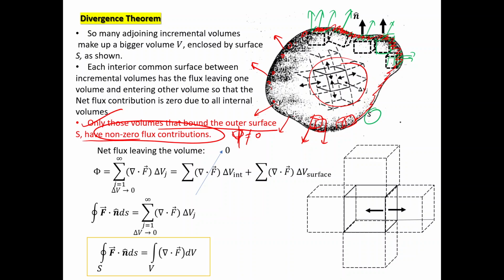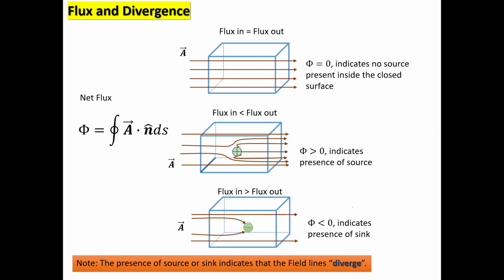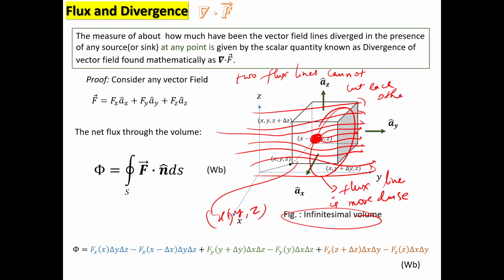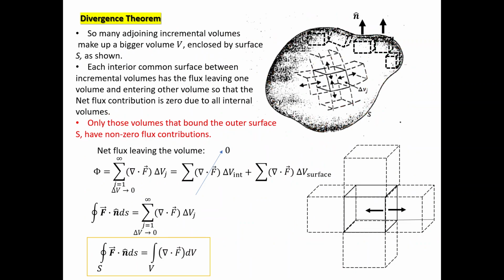Since there is a non-zero flux, that indicates the presence of source. Then we can say that the net flux that is coming out of this surface will be the total flux contributions of the individual volumes, all the volumes added together.